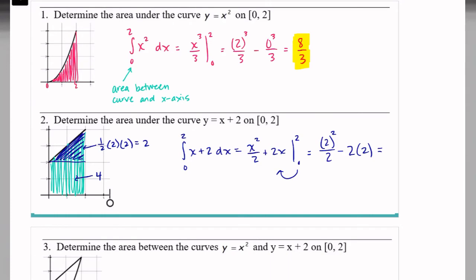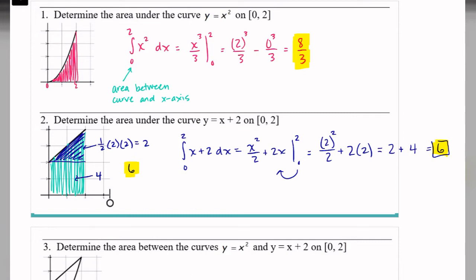So 2 squared over 2 is 4 over 2, which is 2, plus 4 is going to give me 6. So I got the exact same answer doing it algebraically or geometrically. Okay, so that's going to give us the area underneath each of those curves.